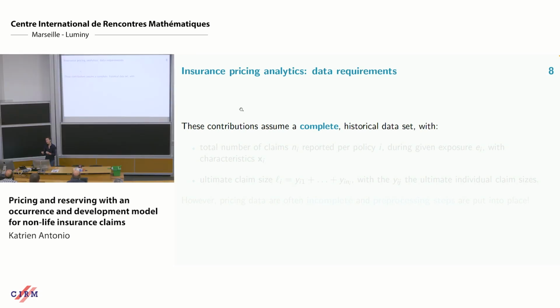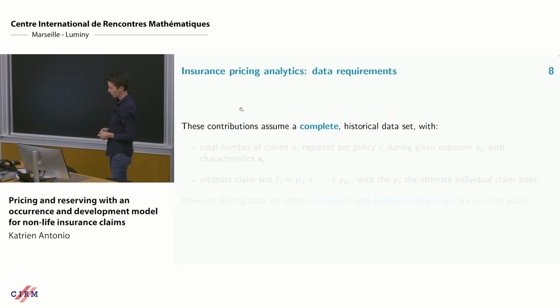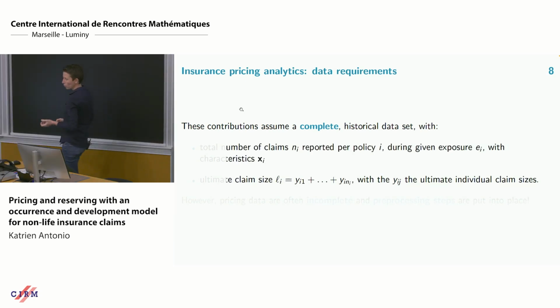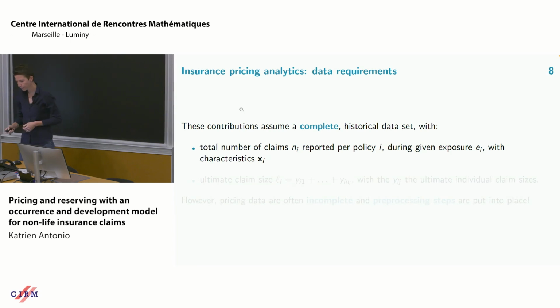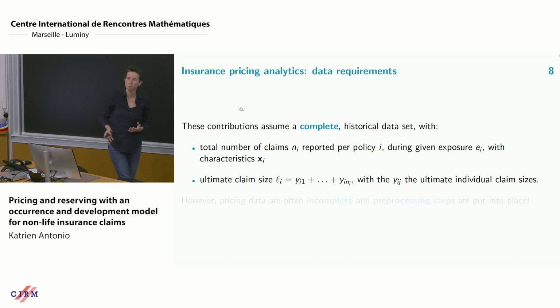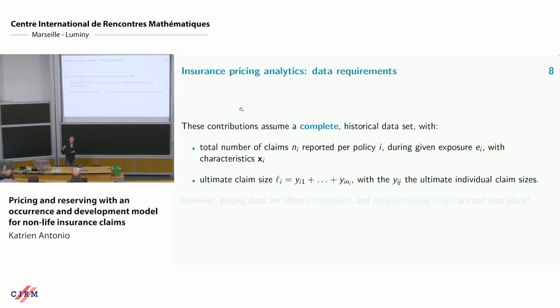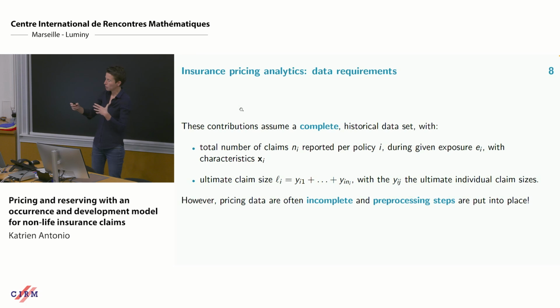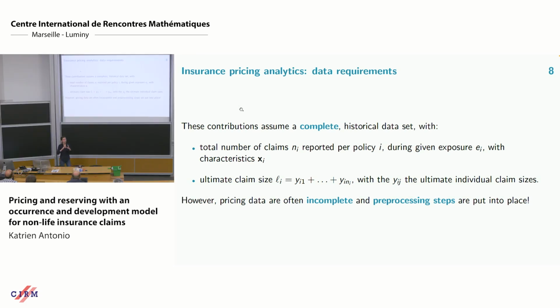But what if we don't have such a complete data set yet? So what if the number of claims reported per policyholder, what if some claims are still missing because of that delay between the occurrence of the event and the reporting of the event to the insurance company? And what if some information on the ultimate claim sizes of individual claims is missing?